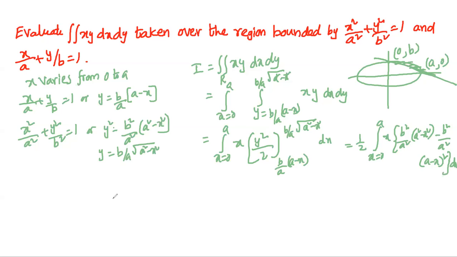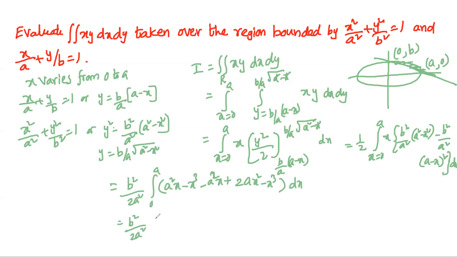Fine. So that is equal to b square by 2a square integral 0 to a of a square x minus x cube minus a square x plus 2ax square minus x cube, into dx. So which is equal to b square by 2a square into integral 0 to a of 2 times (ax square minus x cube) into dx.